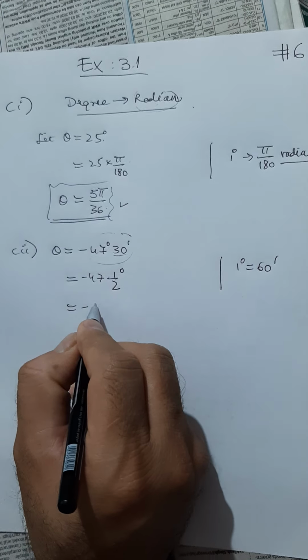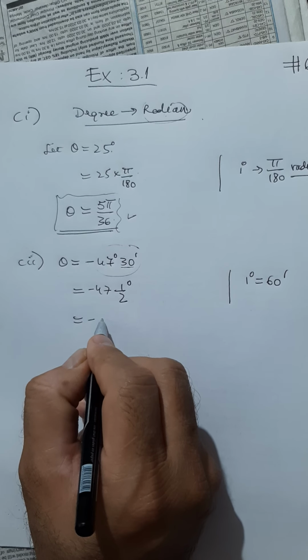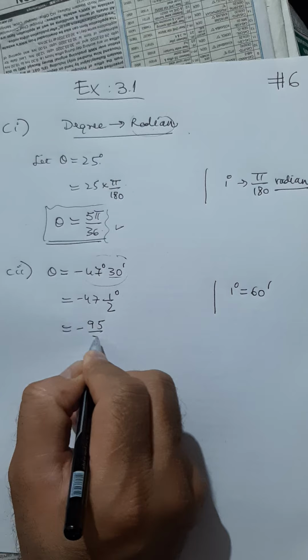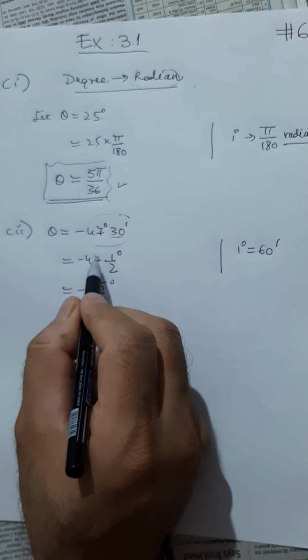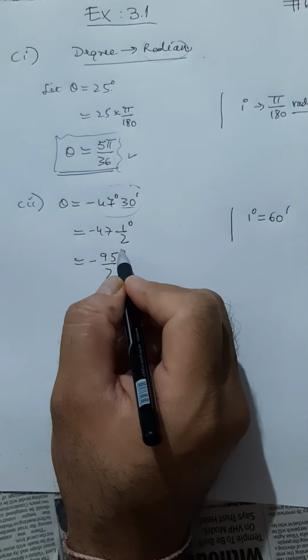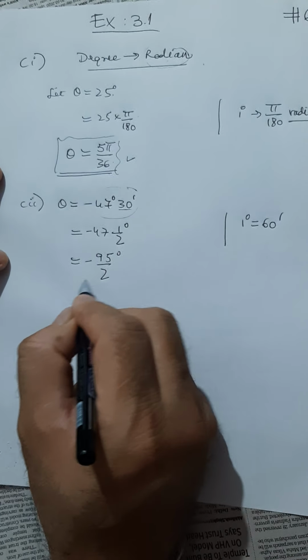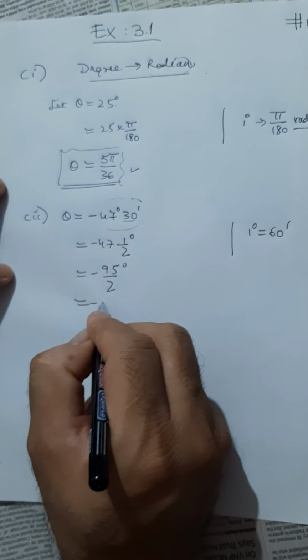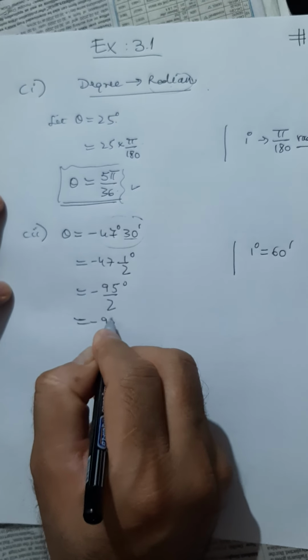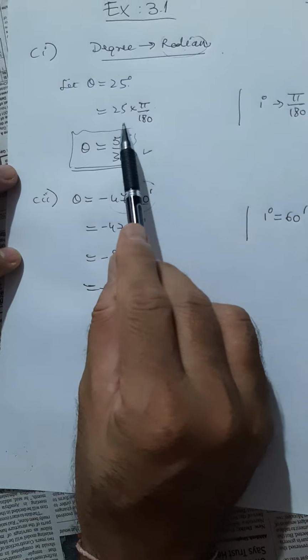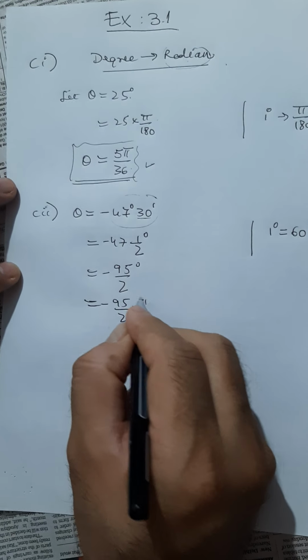It would be nothing but 95 by 2 degree. 47 into 2 is 94, plus 1, 95 by 2 degree. Now we convert into radian. This is just a simplification. So 95 by 2 into pi by 180, radian means in terms of pi.